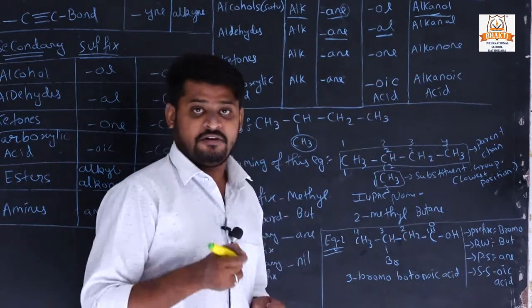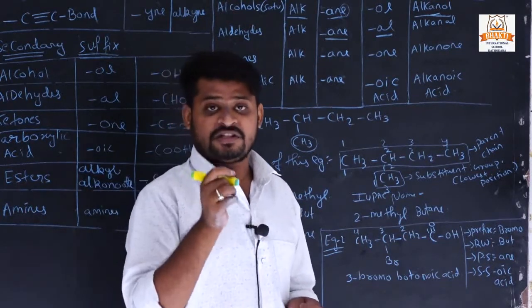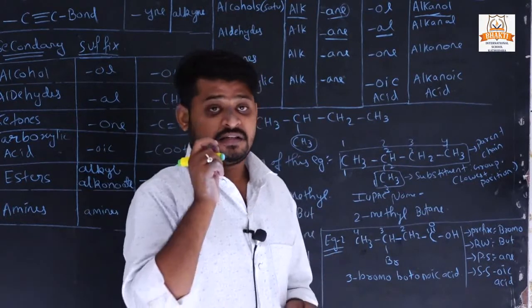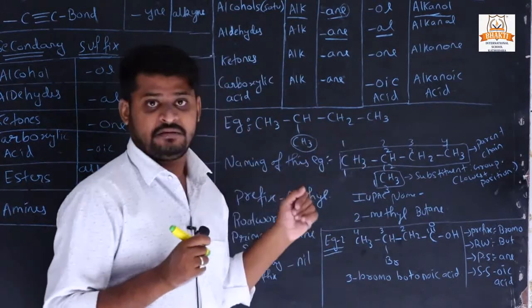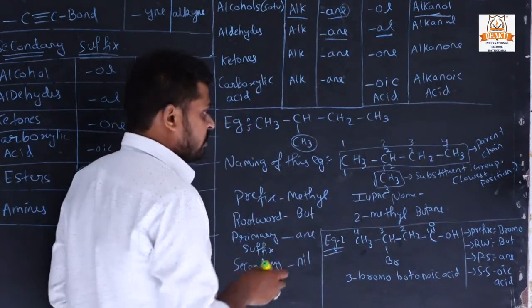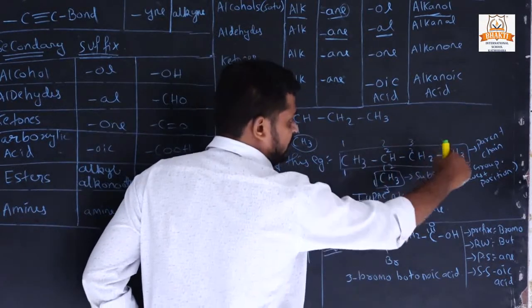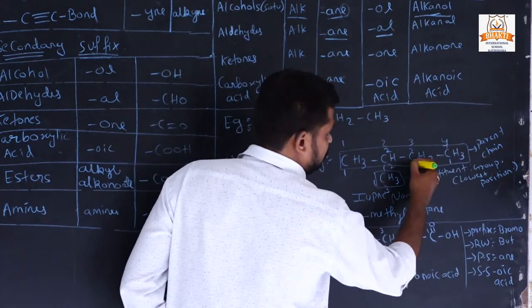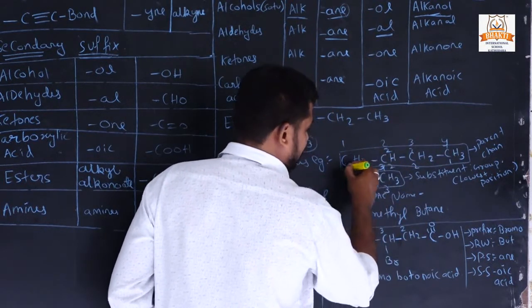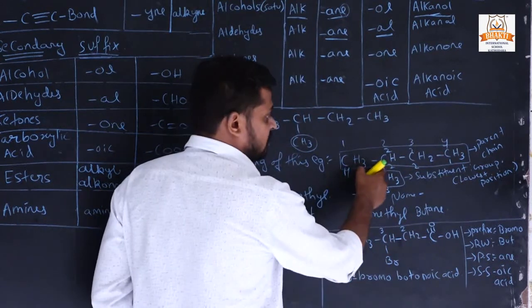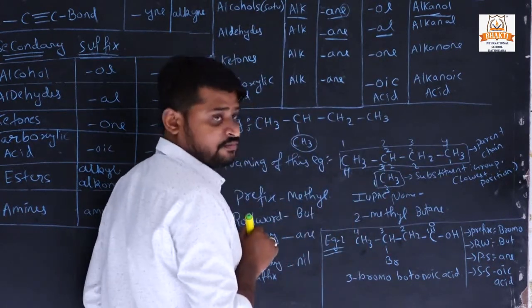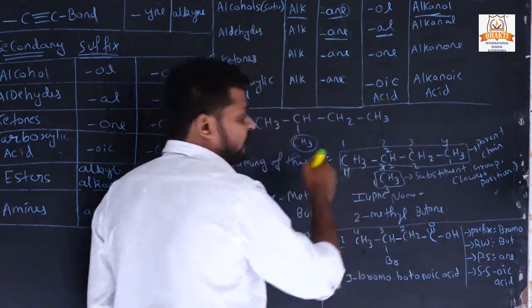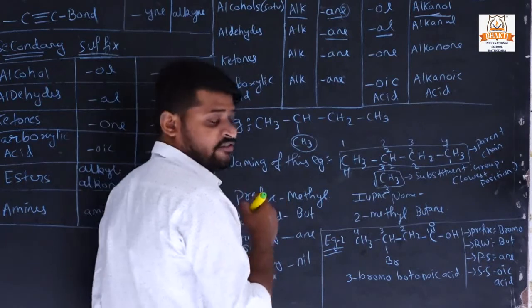We all know we have to give the position of the substituent group as the lowest position, meaning we have to give the numbering as the lowest. When we have selected this as the parent chain and give the numbers 1, 2, 3 and 4, the substituent group is attached at the third place when numbering from right to left.